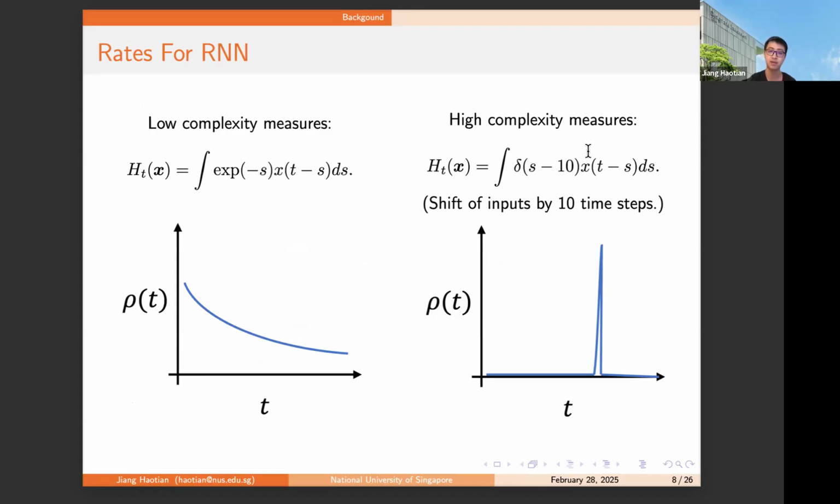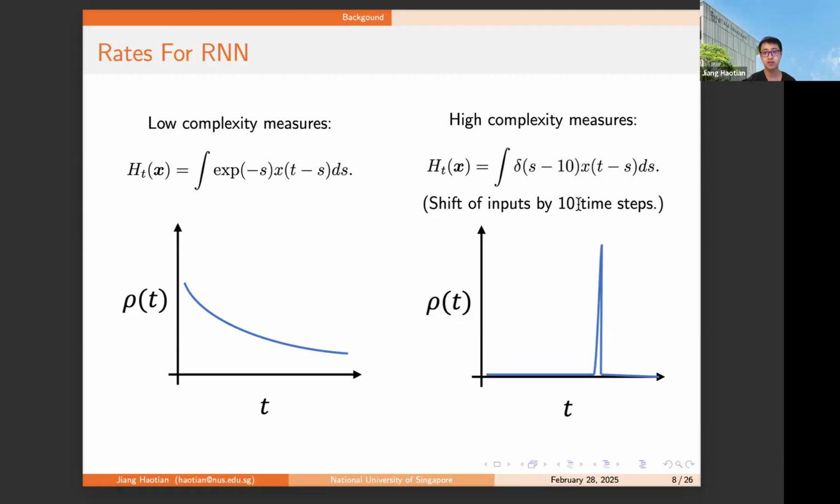However, if we look at an example of high complexity measure, let's consider a convolution with some impulse kernel. This relationship describes that the output sequence is a shift of the input sequence by some time steps.